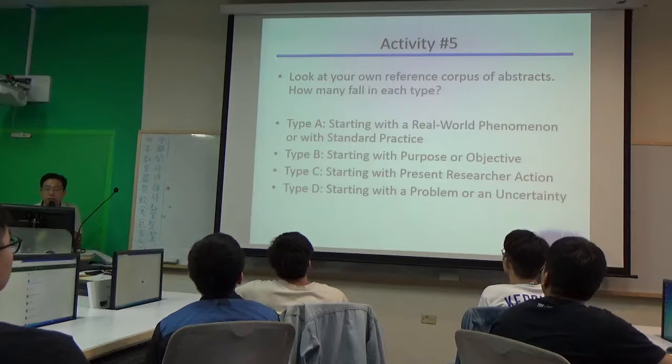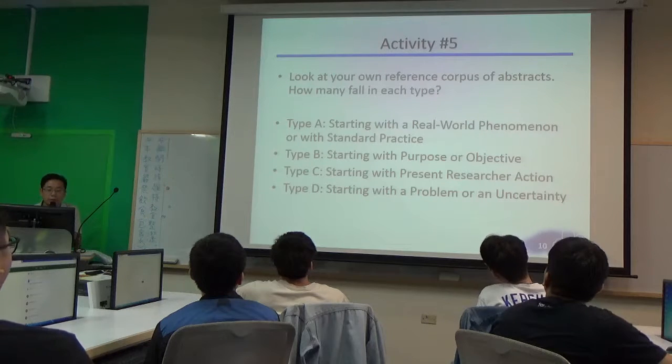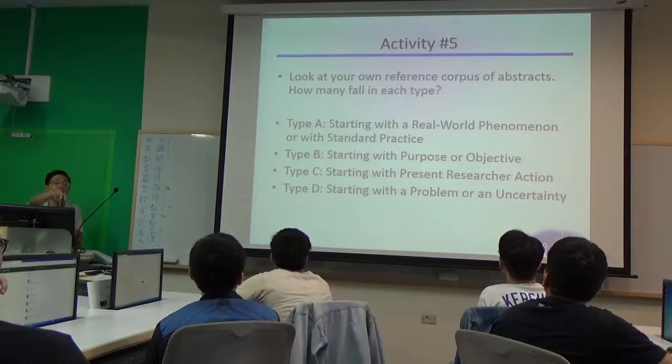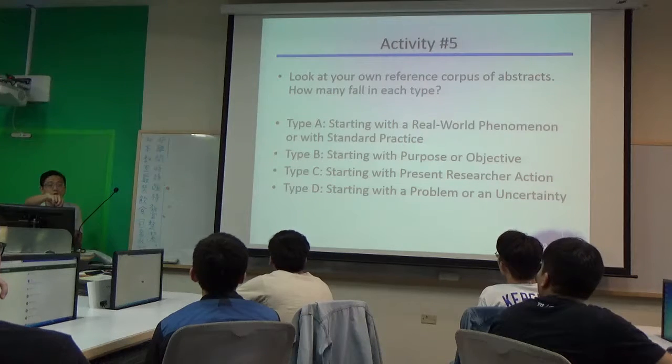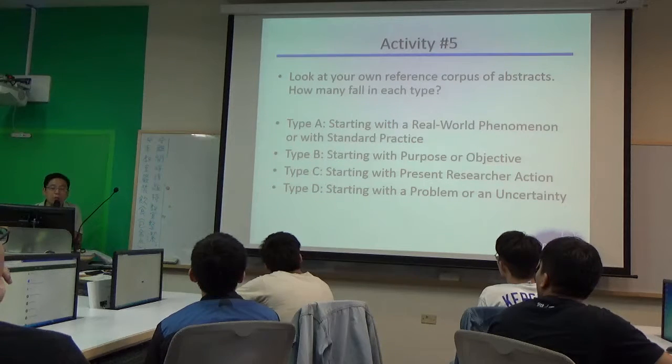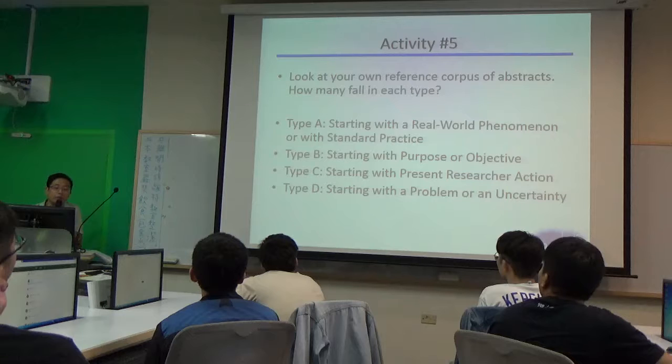Okay, and maybe you can give me an example. Just look at your file. Do you still have your file? Do you have your file? Okay. So for each group, please give me one example, or maybe you don't have any of them, about type A, B, C, D. Try to give me some examples and pass them in the Zuvio.